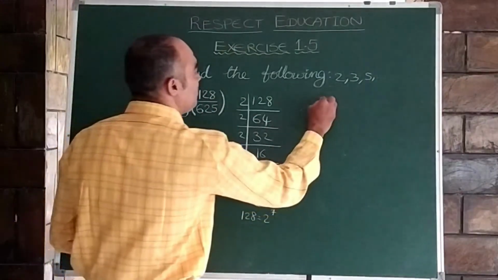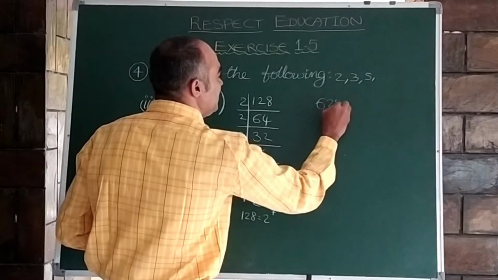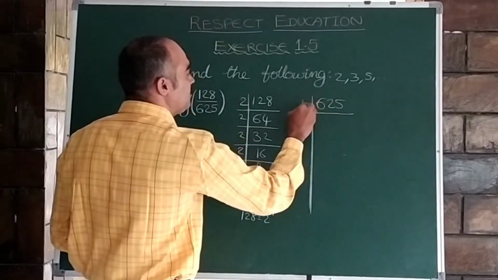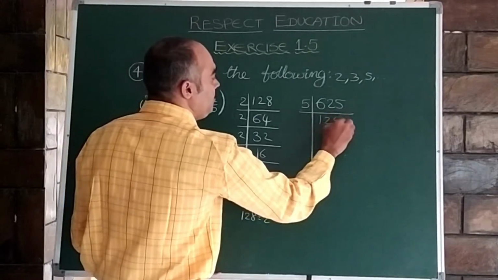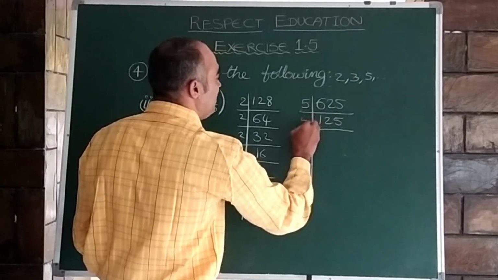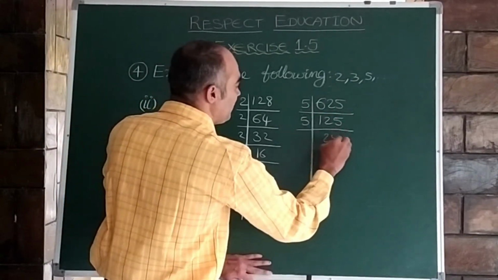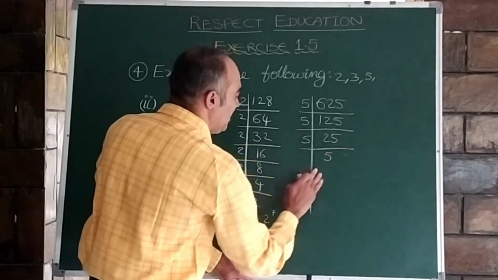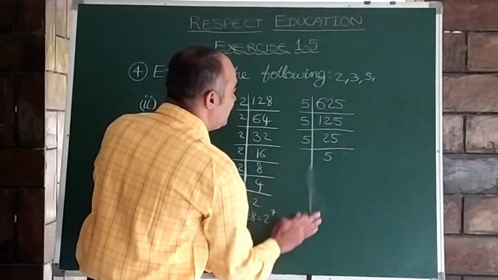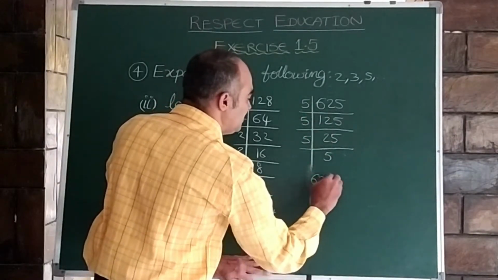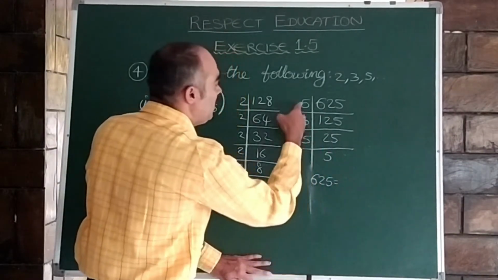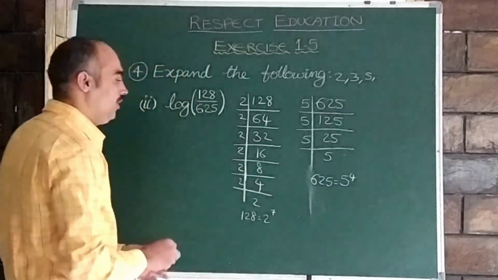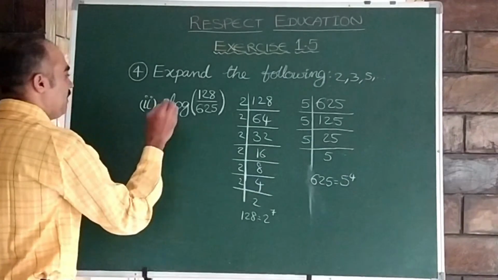Now let us take another number, that is 625. Let us divide this one with 5. 5 into 125. Again with 5. 5 into 25. Again with 5. 5 into 5. So here finally we can write 625 as 1, 2, 3, 4. So it is 5 power 4. Right? Now let us come back to this problem.